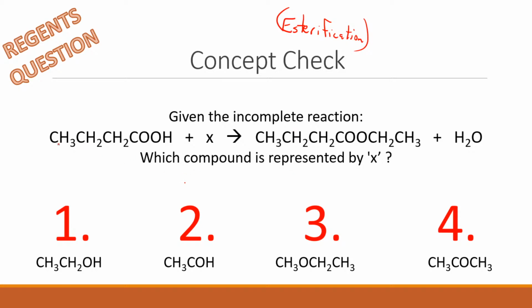On the left I've got 4 C's. I've got 3, 4, 5, 6, 7, 8 H's. And I've got 2 O's. Then I've got my mystery compound on the other side, which is going to be one of these choices.